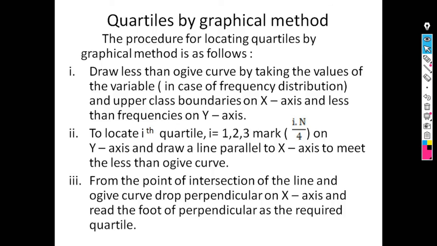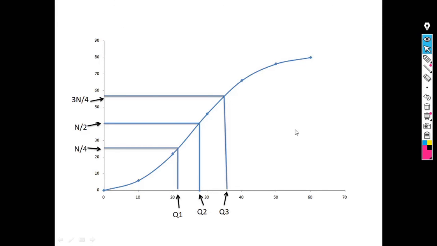In today's lecture we saw how to draw quartiles by the graphical method. The procedure is the same as that of the median. Firstly, we locate the quartiles on the y-axis and then draw a line parallel to the x-axis to meet the less than type ogive curve. So first we draw the less than type ogive curve. Then we locate the quartile class values, that is the Q1, Q2 and Q3 class values, on the y-axis.